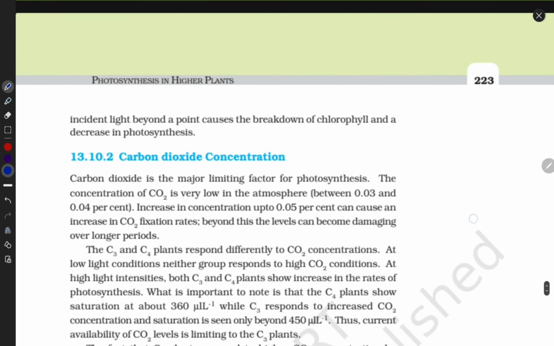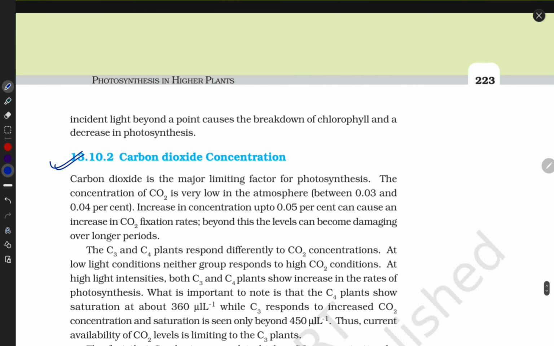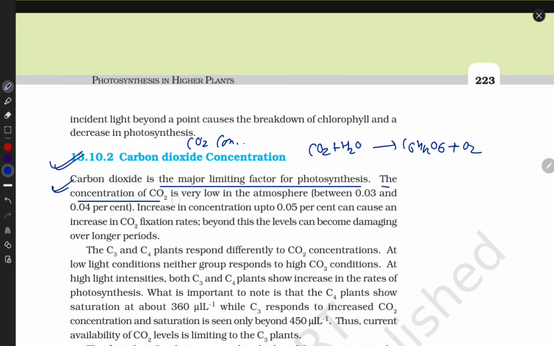All right. And another factor is CO2 concentration. Carbon dioxide is a major limiting factor in food production. Of course, plants take CO2 and H2O, then convert them into C6H12O6 plus oxygen. The concentration of CO2 in the atmosphere is very low. Increasing the concentration up to a certain percentage can increase the CO2 fixation rate, but beyond that level it can become damaging over a longer period.